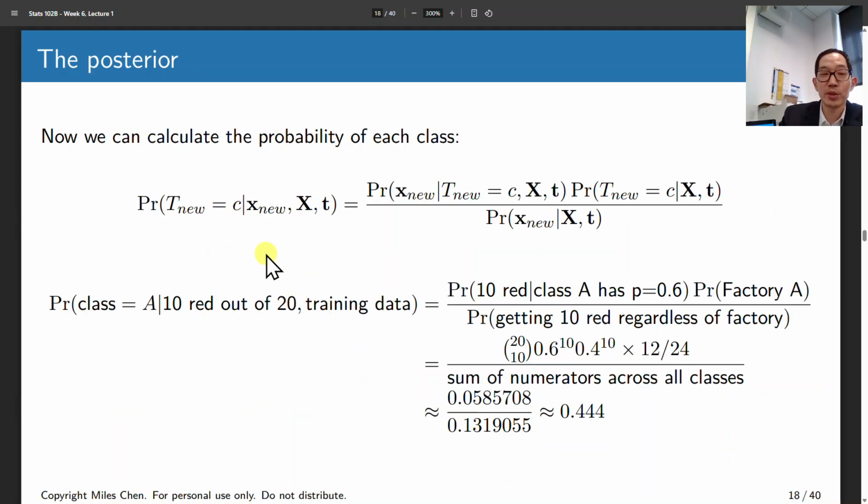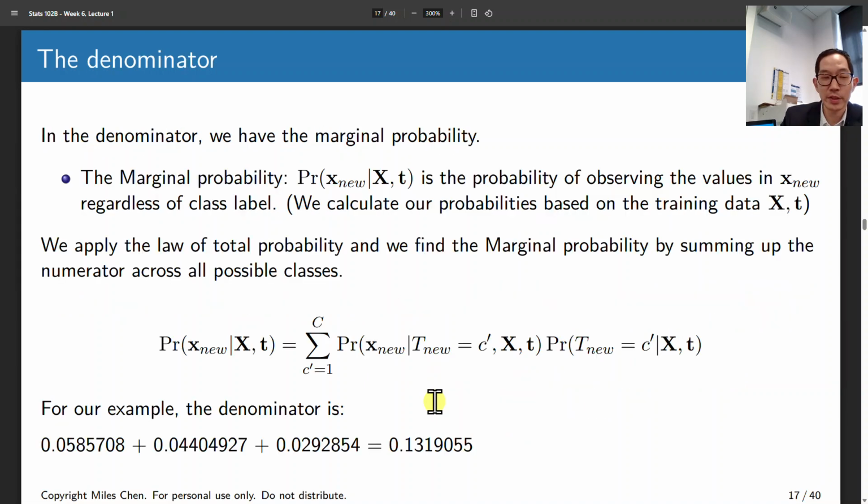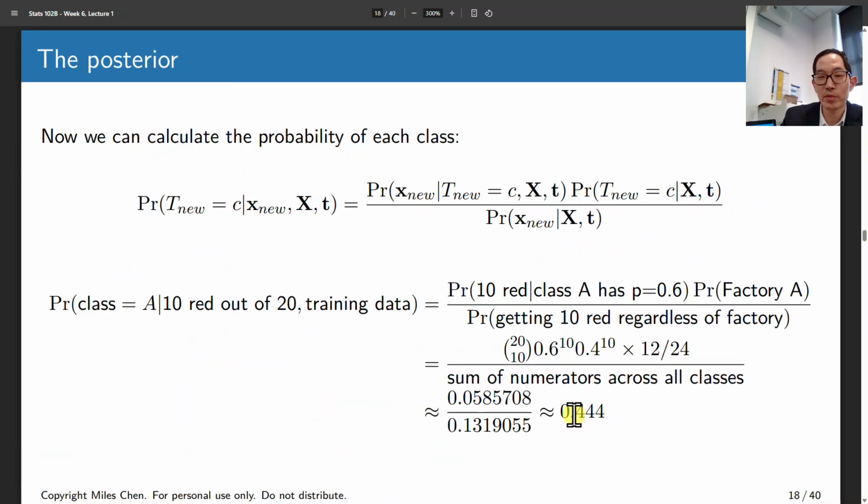And then we do it for class A, and if I take 0.0585 divided by this, 0.131, we get basically 0.444. So in short, Bayes' rule says, what's the probability that our new observation belongs to class A, given the observed data, 10 red out of 20, and all of our other training data.